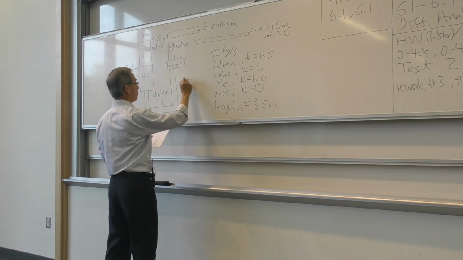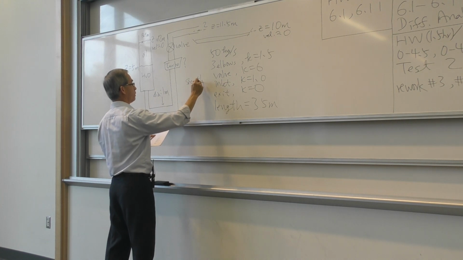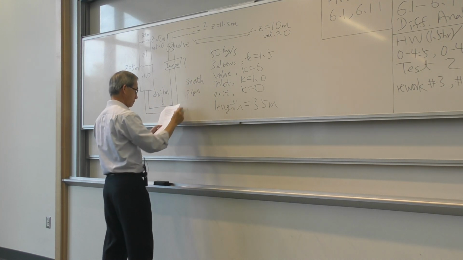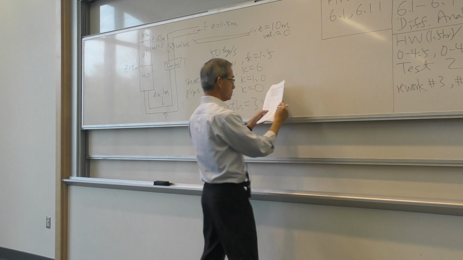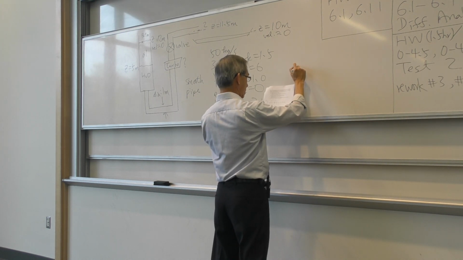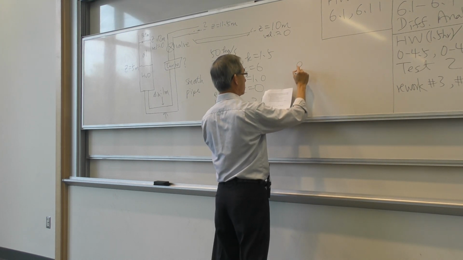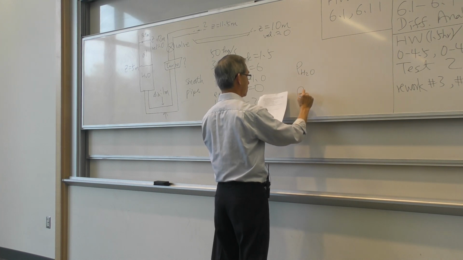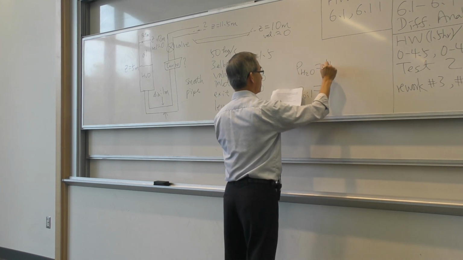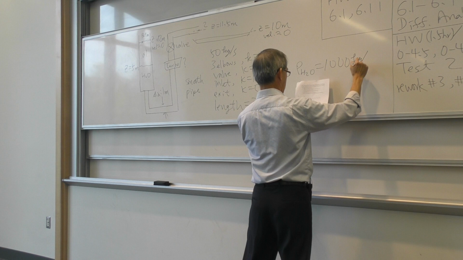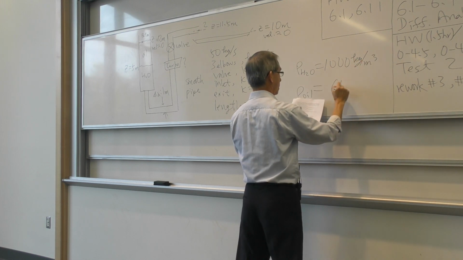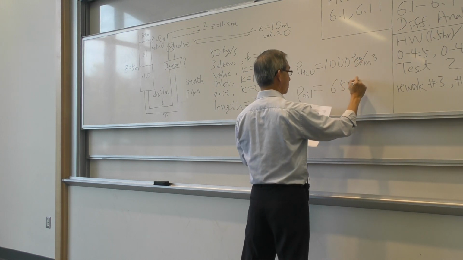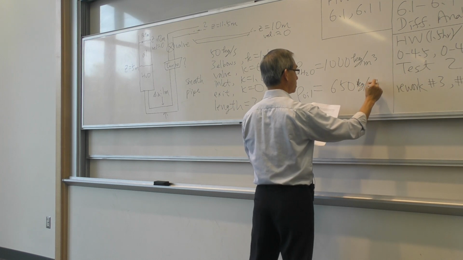And you are told it's a smooth pipe, so you know where you are on the roughness of the pipe. And density of water and density of oil are both given. I think that's all there is for the problem statement, and you have now everything you need to rework the problem.